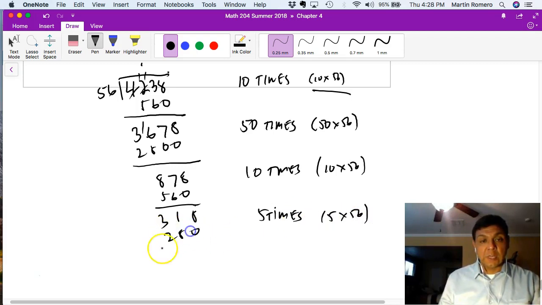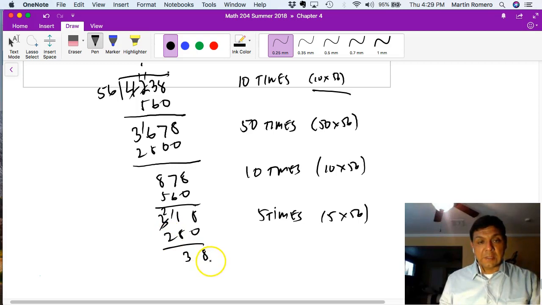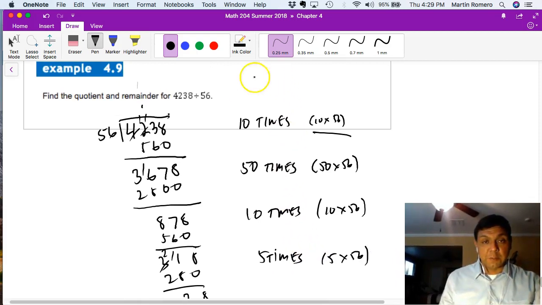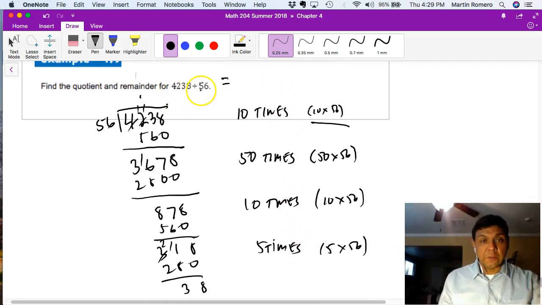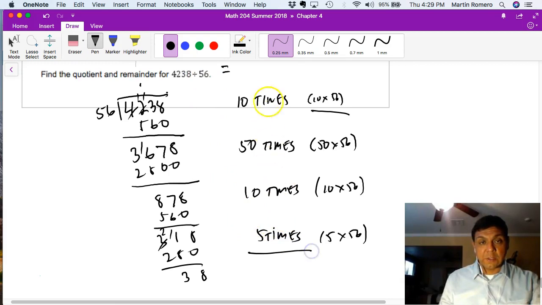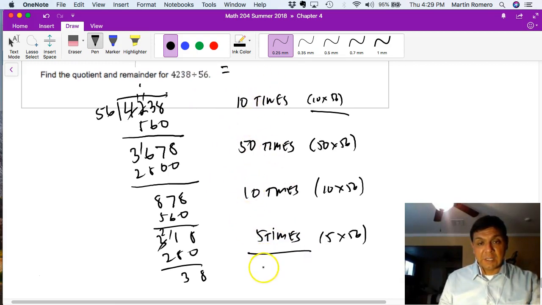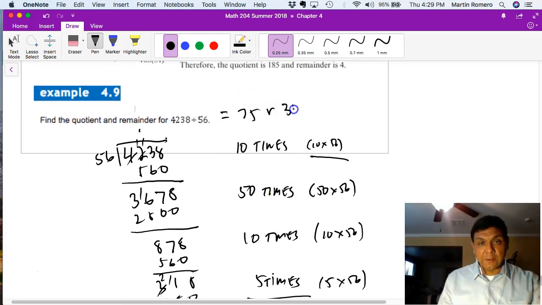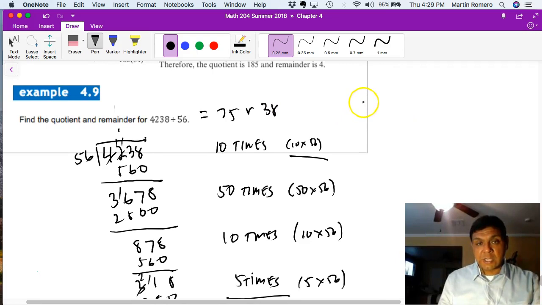So there's your 280. 8, borrow, that's a 3. And that was a 2. So now I'm left with 38. 20, 30, yep, 38. And so that would be it. I would be done with this problem. 4,238 divided by 56 is going to be 50, 60, 70, 75, remainder 38. 75, remainder 38.